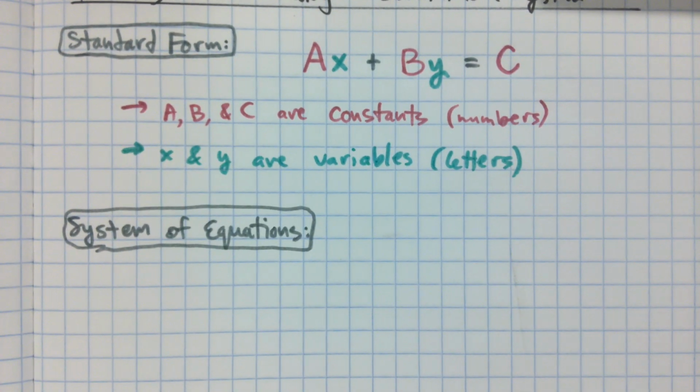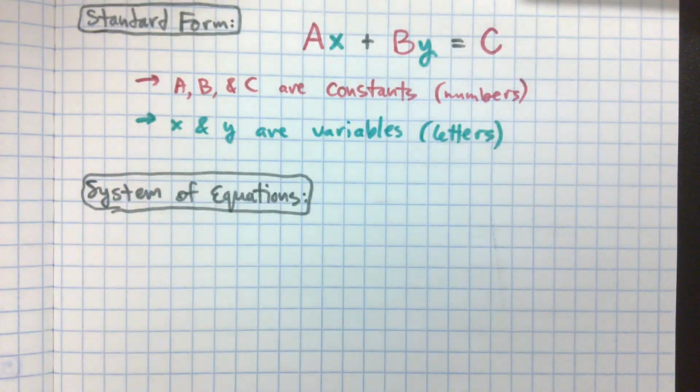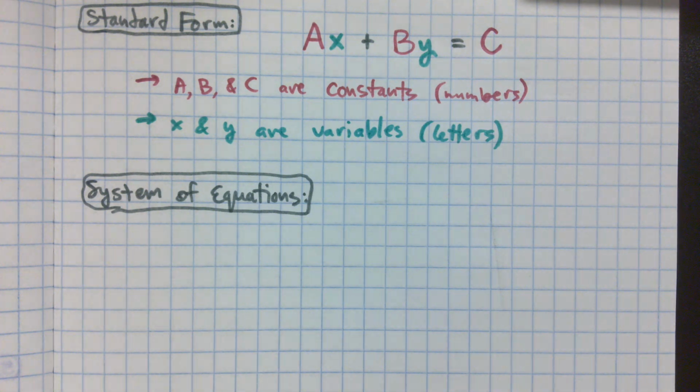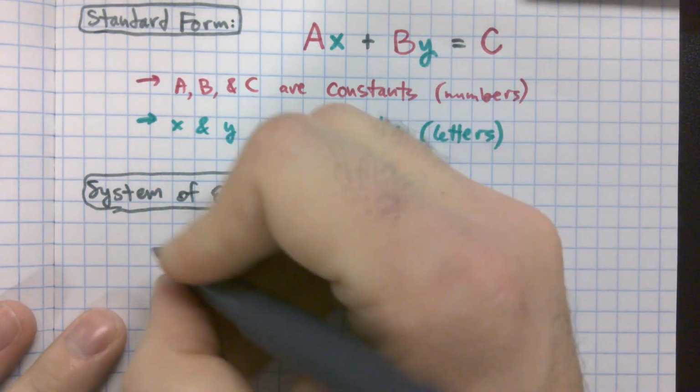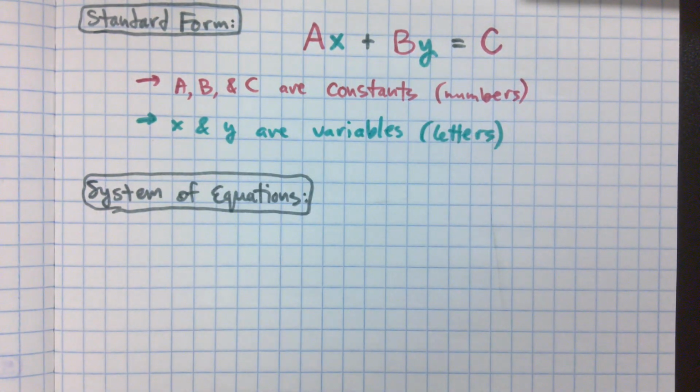A system of equations is just, let's see, what can we say here? We can say two linear equations that work together, that are grouped together.